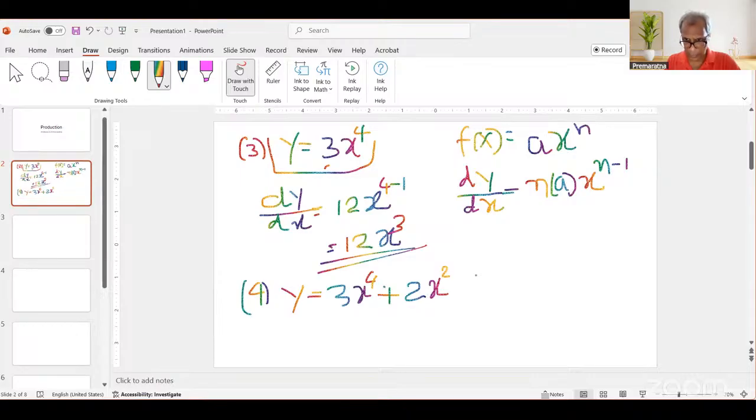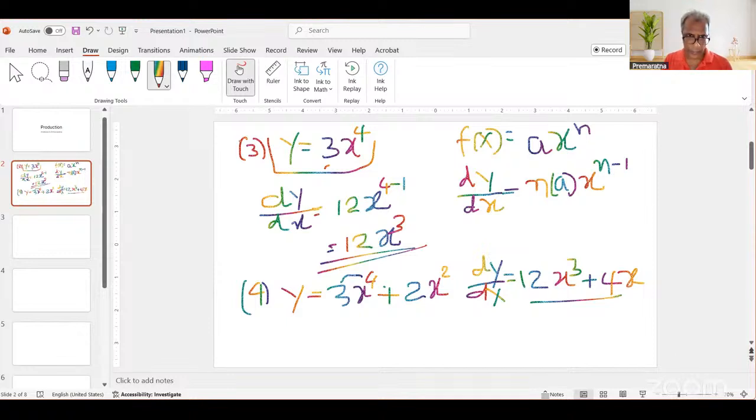When you differentiate, the answer is dy by dx equals 3 times 4, which is 12, x cubed, plus 2 times 2, which is 4x. That will be the answer.